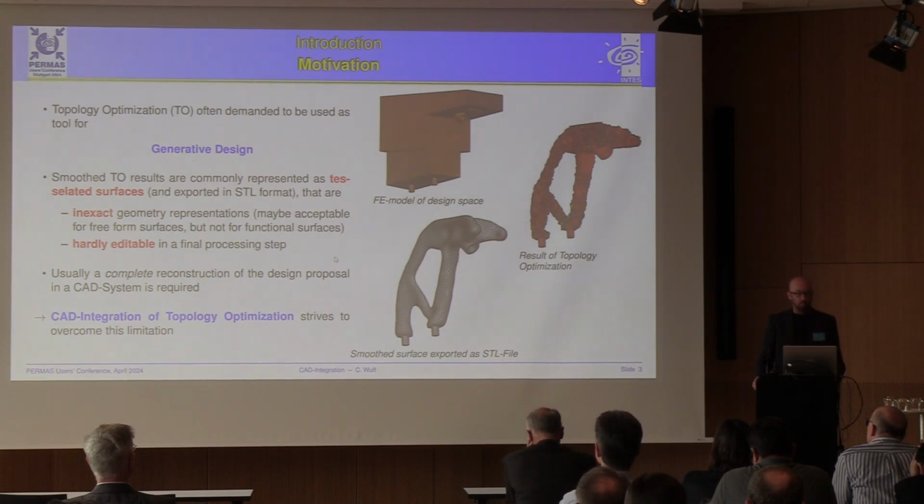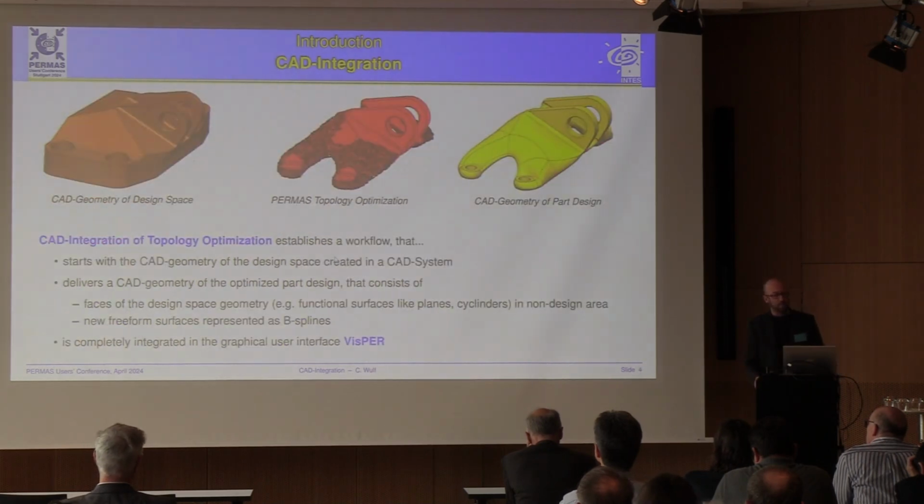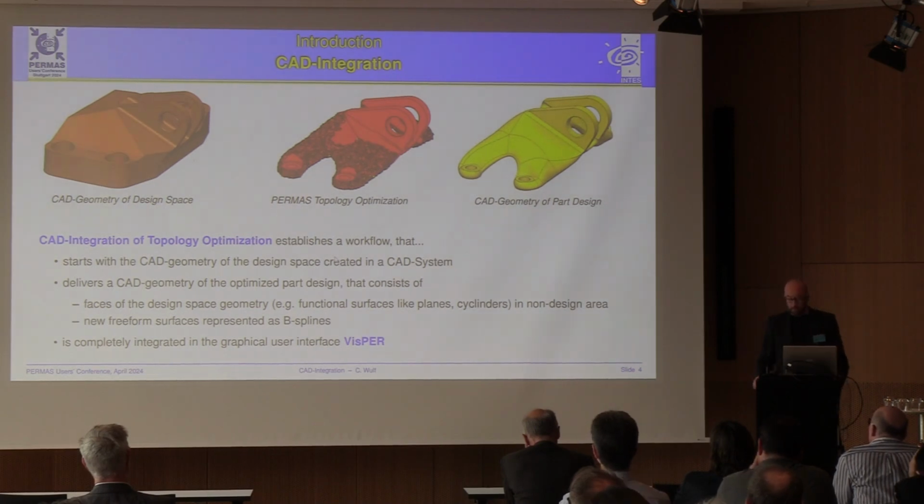And this is the motivation why we try to achieve CAD integration, because CAD integration of topology optimization should overcome exactly this limitation. So what we try to establish is a workflow that starts with the CAD geometry of the design space that is created in the CAD system, and then after doing the Permas topology optimization with well-defined results, hopefully delivers at the end a CAD geometry of the optimized part design that consists on the one hand of the faces of the design space geometry that is not changed because it's on the non-design area.